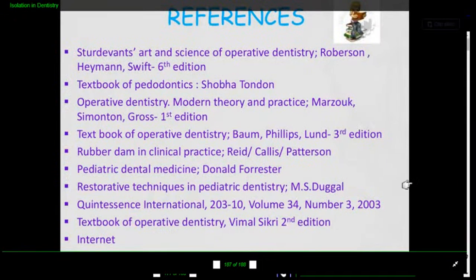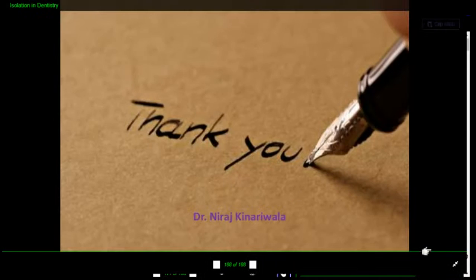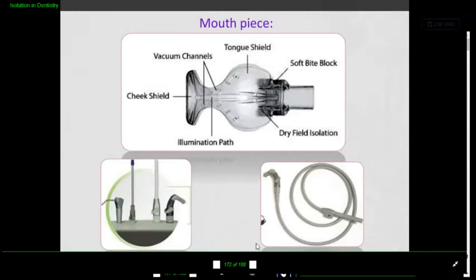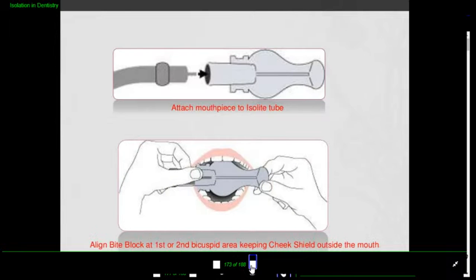These are the references, and these are some mouth pieces. Dry field isolation.